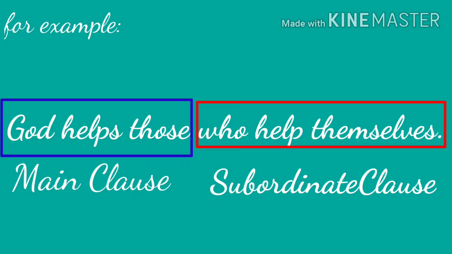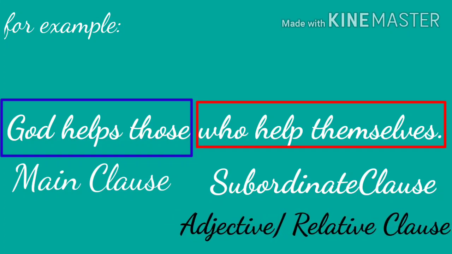And this clause, the subordinate clause, who help themselves, is an adjective clause, or we can also call it the relative clause because it begins with the relative pronoun who. All right, so the subordinate clause we have in this sentence is a relative or an adjective clause. And how can we say it? Because it begins with the relative pronoun who.